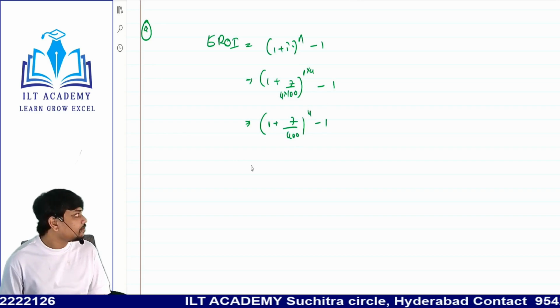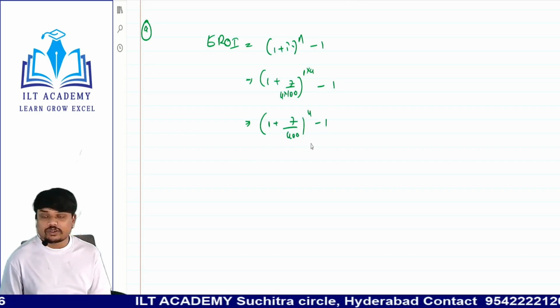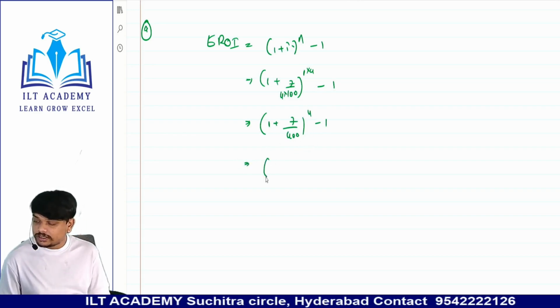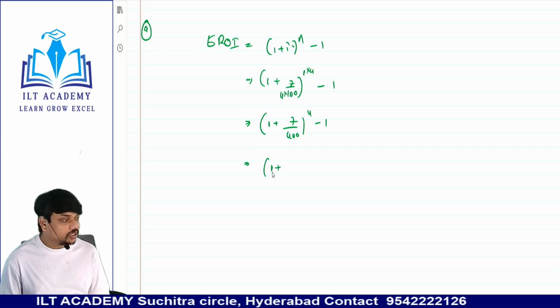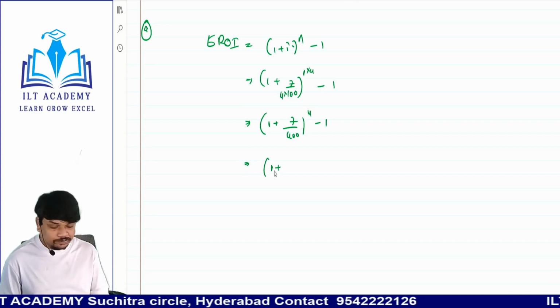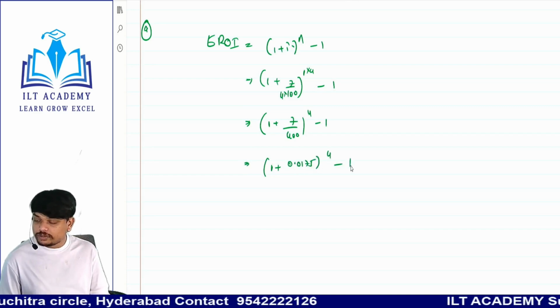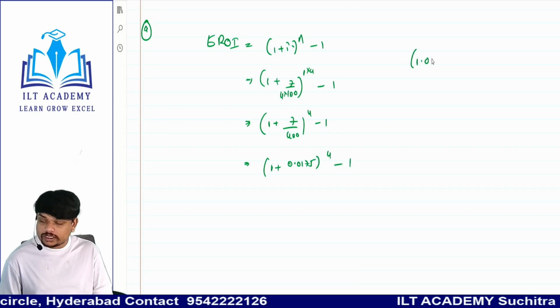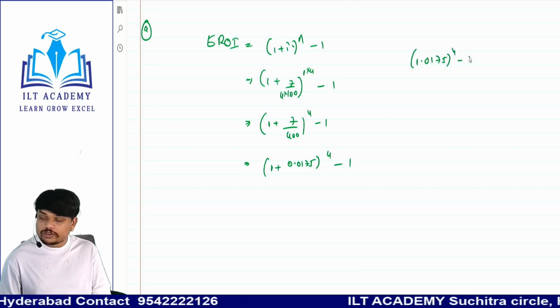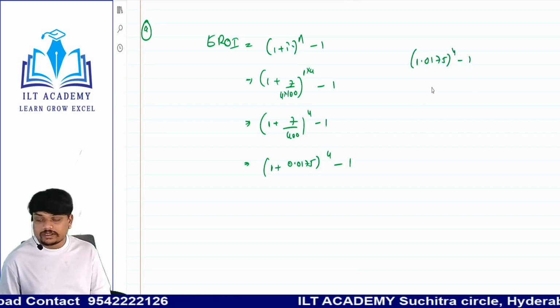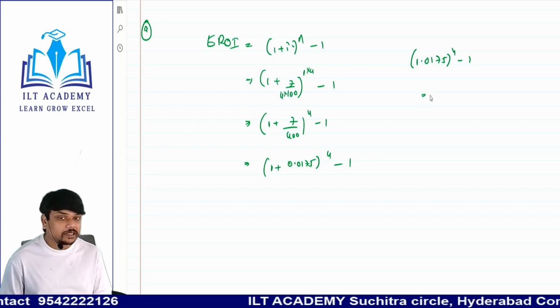What is 7 by 400? 0.0175. So 1.0175 whole power 4 minus 1. You can do it directly. Tell me the final answer.